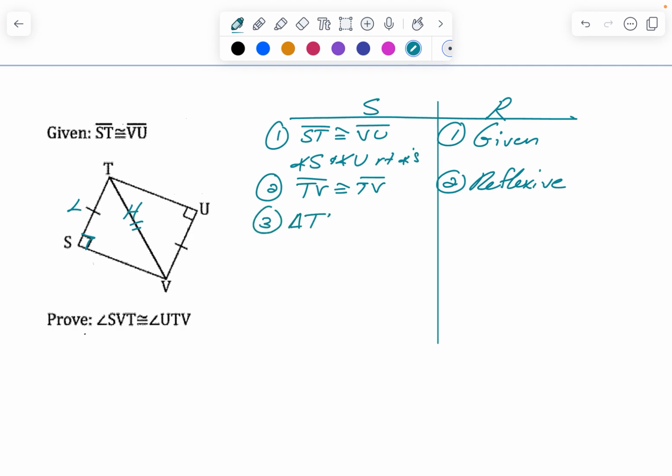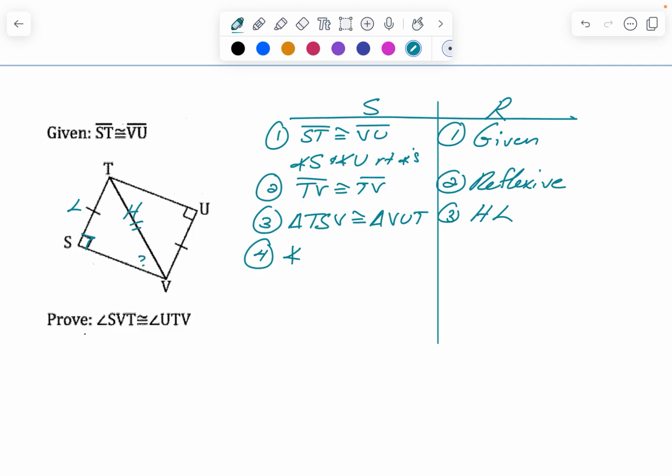So we can say, we gotta say these correctly, triangle TSV congruent to triangle VUT by hypotenuse leg. And then now we can say SVT.